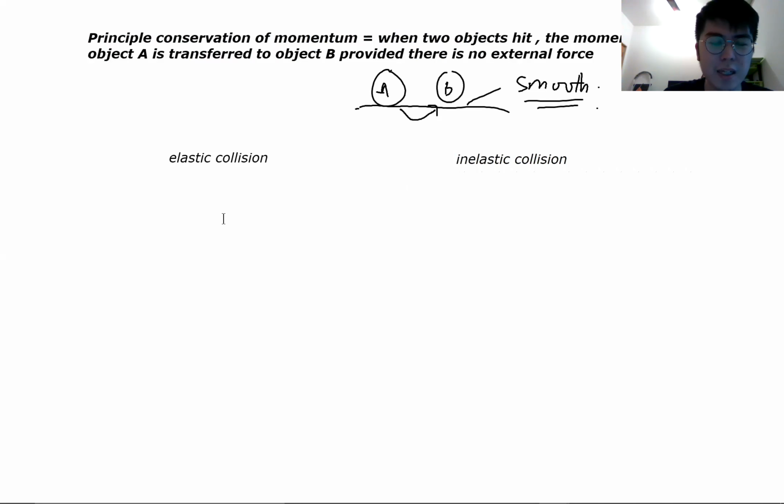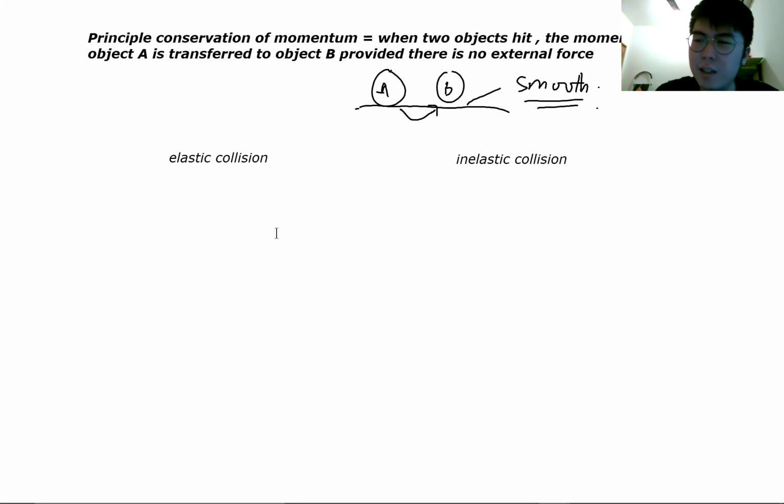The main difference: elastic collision is when two objects hit, they bounce off each other. They won't stick together, like when you play baseball, or basketball, or football. You kick the ball and then it bounces off. It won't connect with each other. So that is the elastic collision.